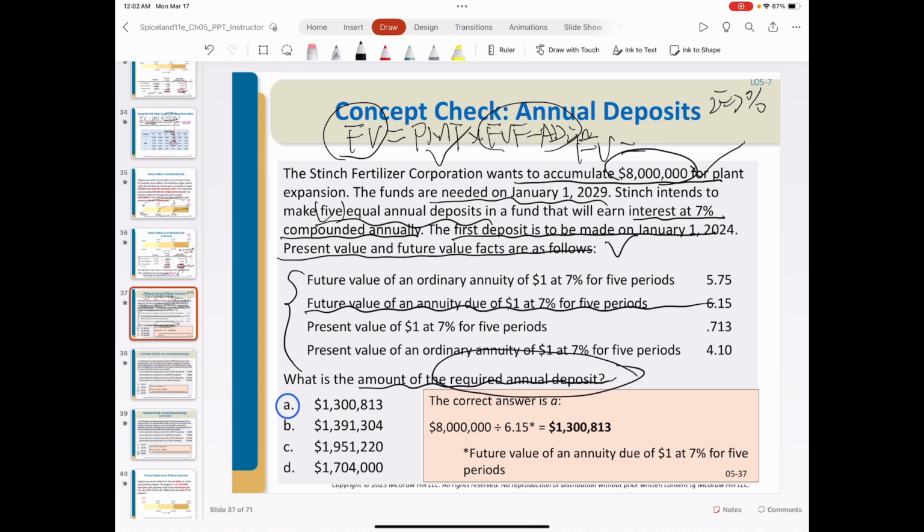The future value of annuity due for the payment $1 at 7%, 5 periods. Then we just use future value divided by the future value factor of this annuity due. The payment is $1,300,813. The answer is A.